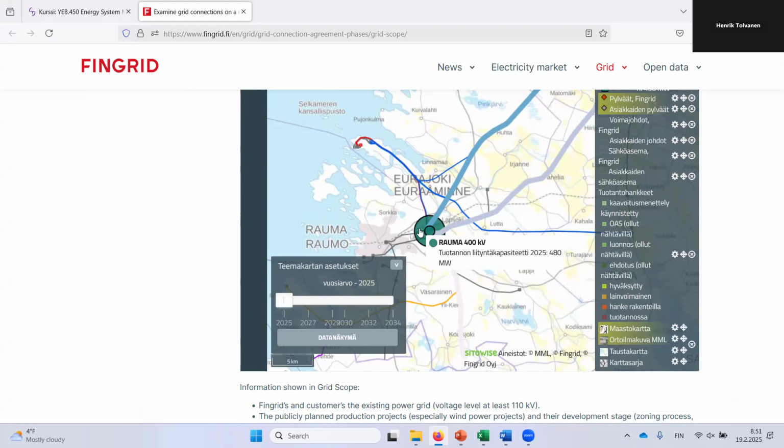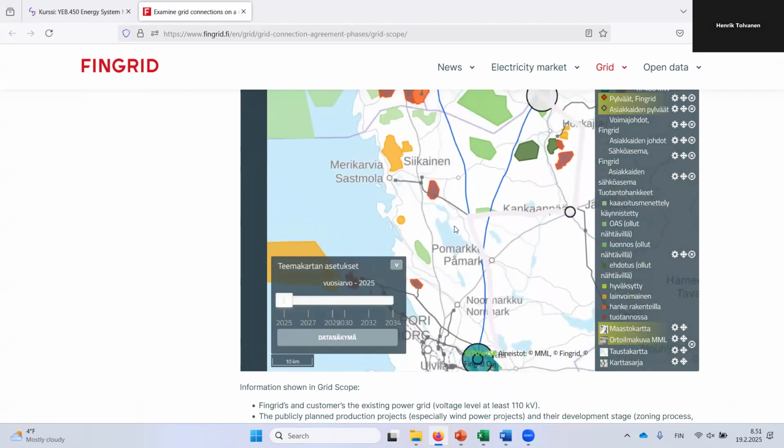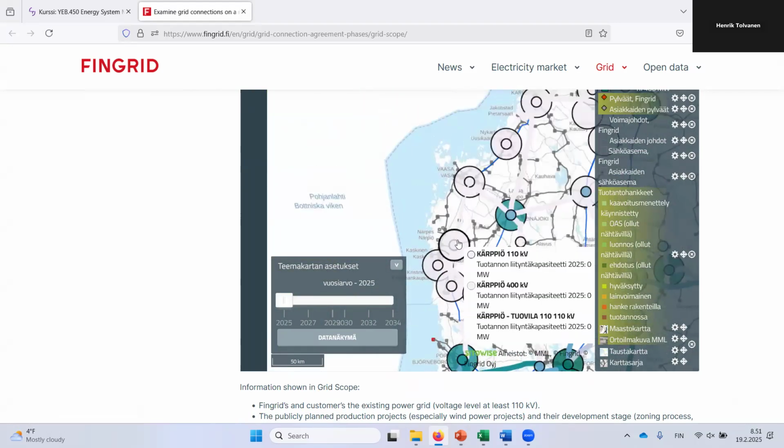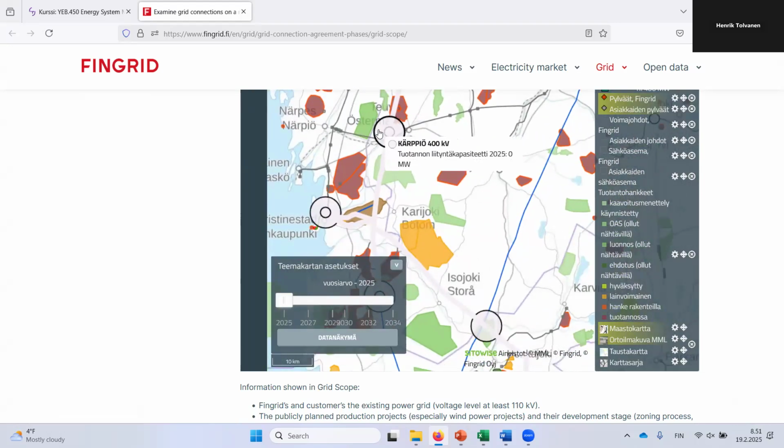So 480 megawatts. But on the coastline, you can see there's a lot of these gray dots. So liityntäkapasiteetti 0 megawatts. I assume that it means that if they want to attach more power production in there, they have to strengthen the capacity.